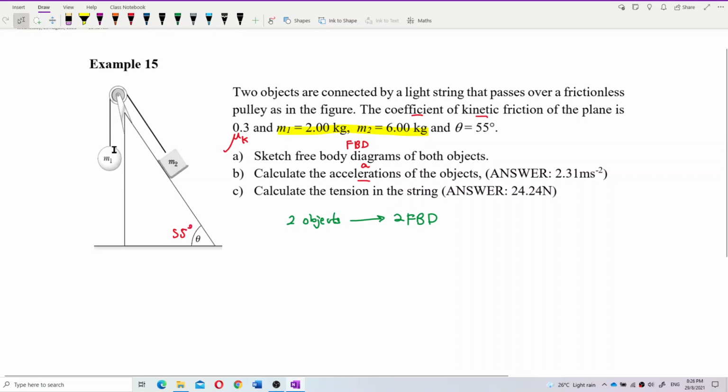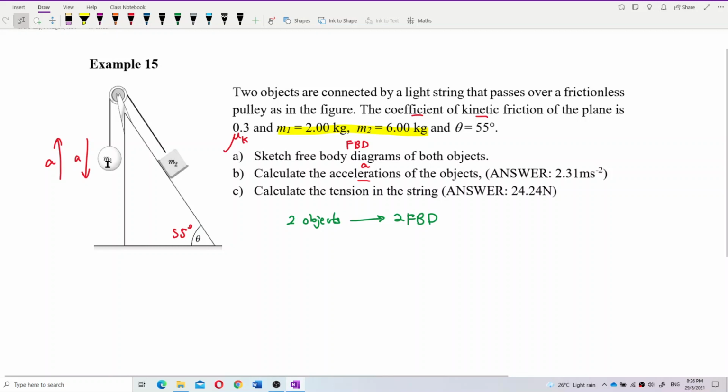Okay, this is 55 degree. To know whether mass 1 goes down or up, first you identify all the forces. You don't know the direction of acceleration, so investigate all the forces first.